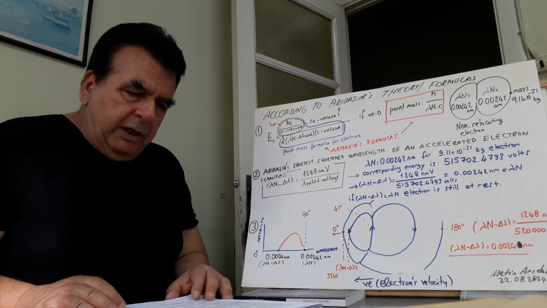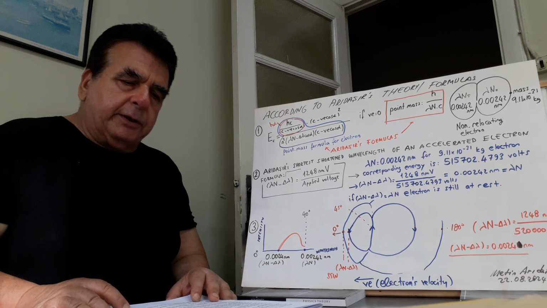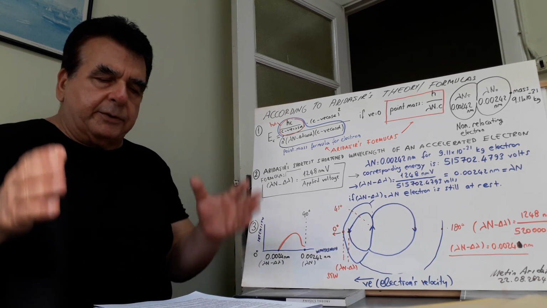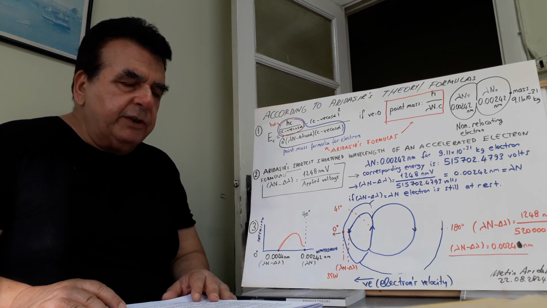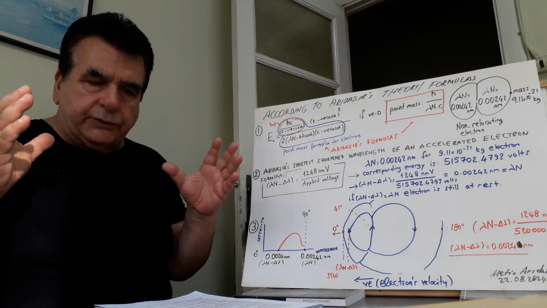When we apply a voltage of, for example, 520,000 volts to this free electron, we give it a certain velocity.